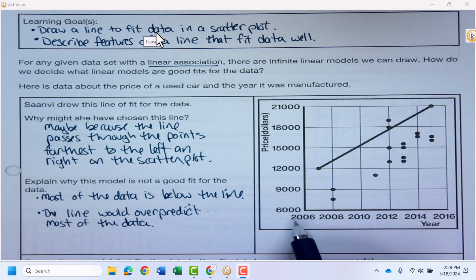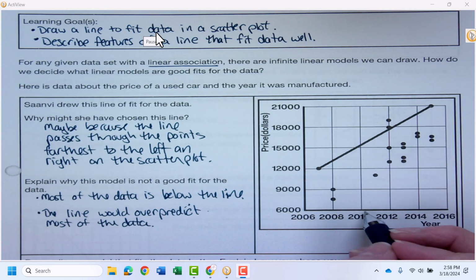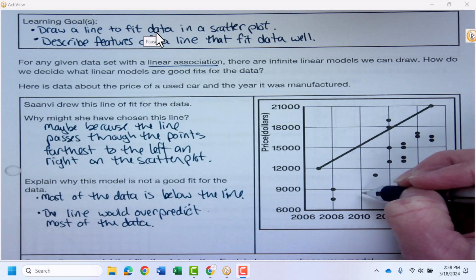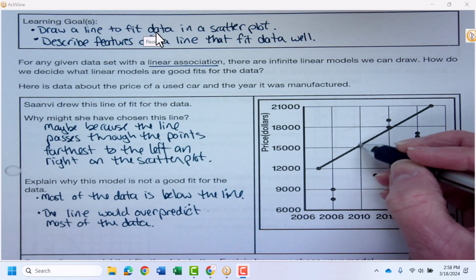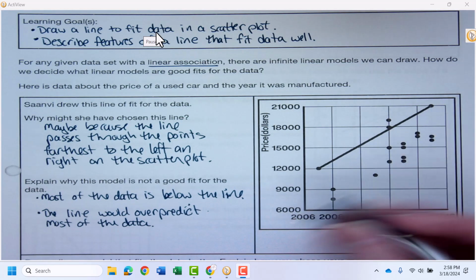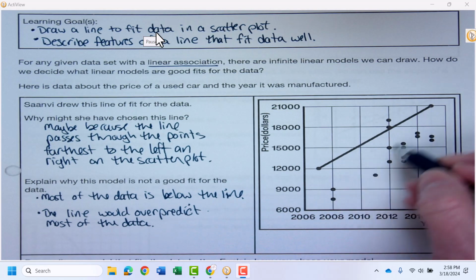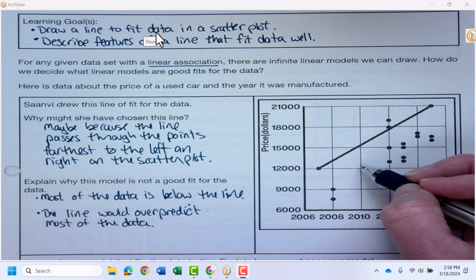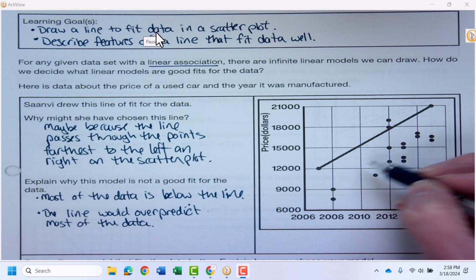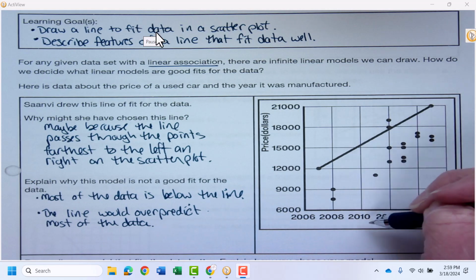So if I had an input of 2010, and I wanted to predict the cost of the car, and I came up to this line, this would really over-predict the cost of a car made in 2010. The cost of a car made in 2010 would probably fall in line better with these other points. It'd probably be a lot less expensive. So it would over-predict most of this data.